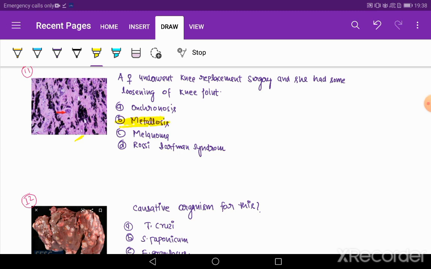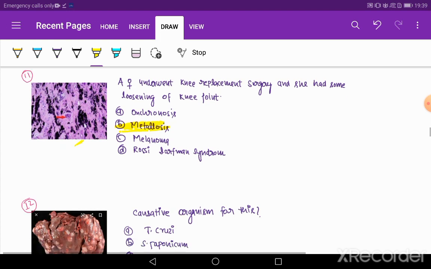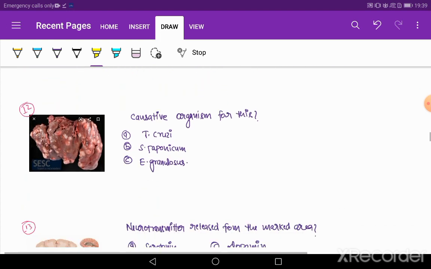Metallosis is actually a blood poisoning developed when high levels of toxic metals are present in the blood. Metal particles often slough off metal implants and are released into the bloodstream and soft tissue, typically at the site surrounding the implant. So these are the questions of metallosis.